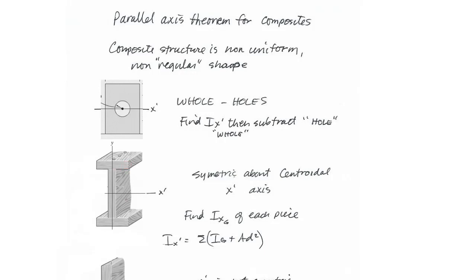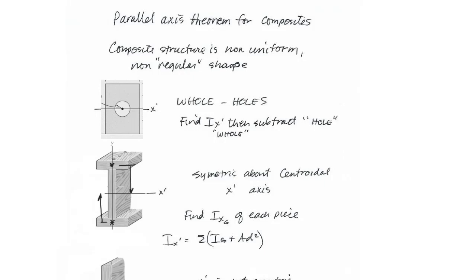So all you do is find the centroid of each part, then there will be an area, and this will be the distance that you have to move it. This centroid of this part will have that distance that you need to move it.